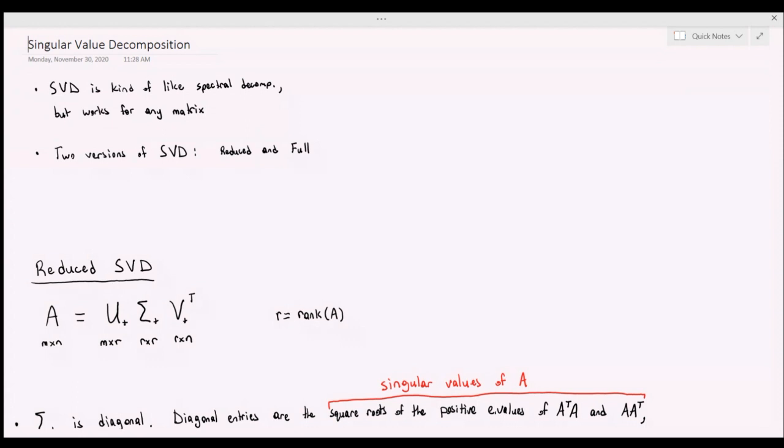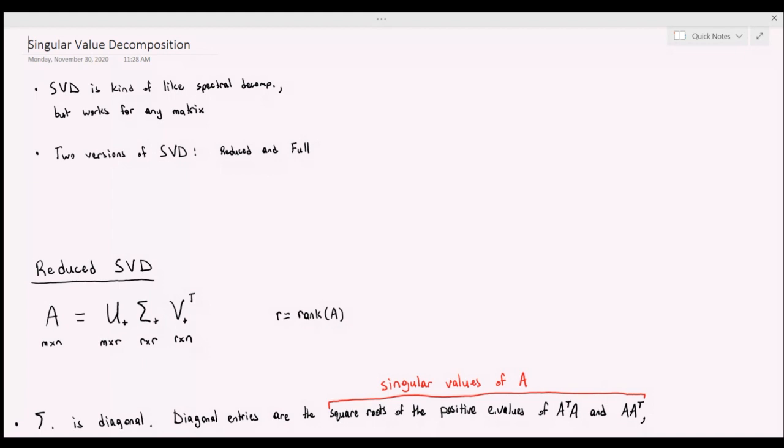Now there's kind of two versions of the singular value decomposition. The reduced and then the full singular value decomposition. So as the names kind of suggest, the reduced singular value decomposition is a little bit like smaller than the full one.